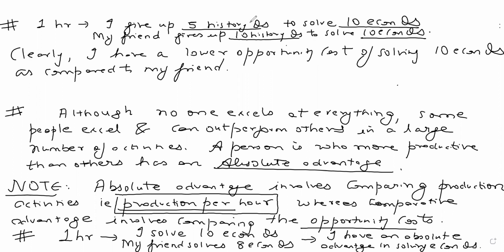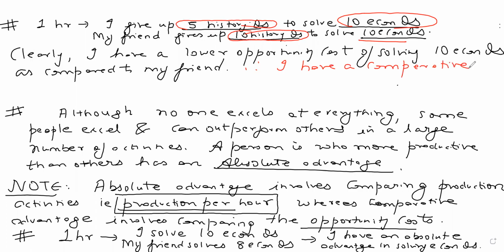My friend has to give up 10 history questions to solve 10 econ questions. I have to give up only 5 history questions to solve 10 econ questions. I am giving up a lower number of history questions to solve the same number of econ questions as compared to my friend. So I can say, therefore, I have a comparative advantage in solving econ questions compared to my friend.